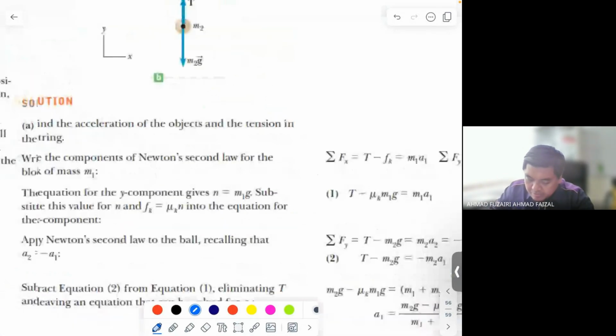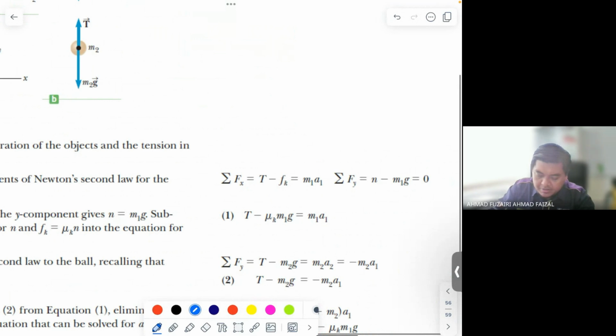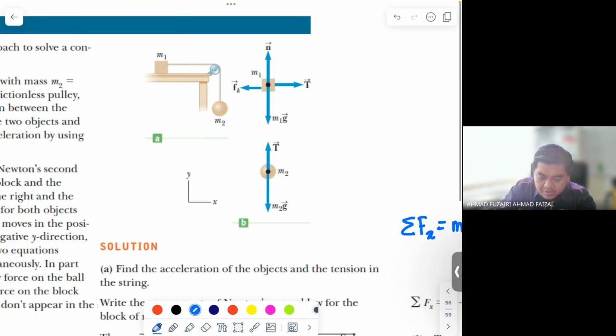Looking at the first part, they establish first the summation of Fx, which should equal m1a.